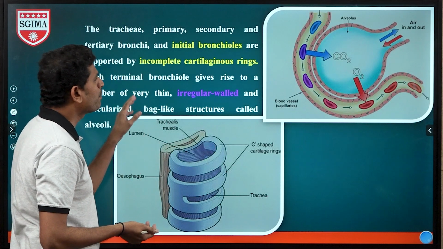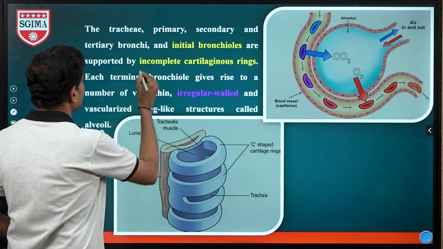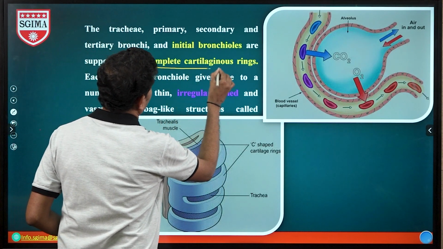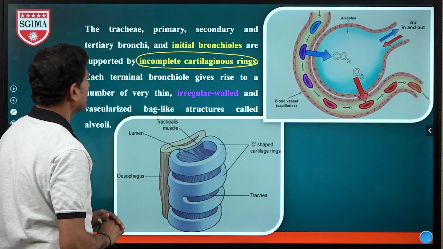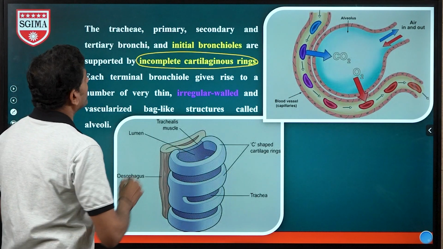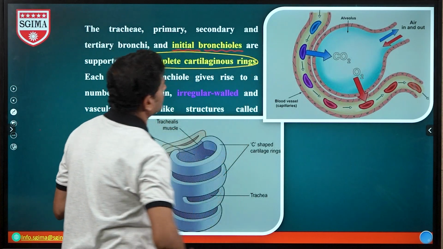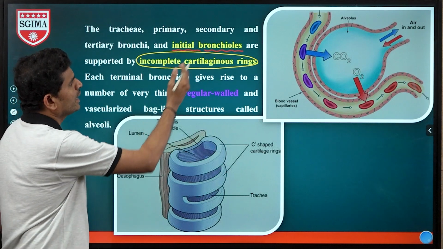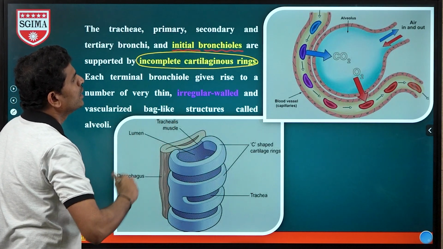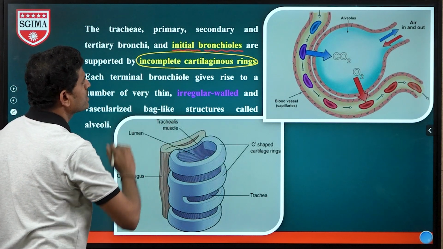These are supported by incomplete cartilaginous rings. You should remember that among bronchioles, it is the initial bronchioles only. Don't forget this one; you compulsorily have to remember it. Initial bronchioles along with bronchi and trachea are supported by incomplete cartilaginous rings.